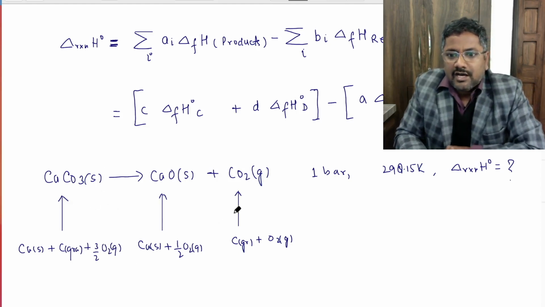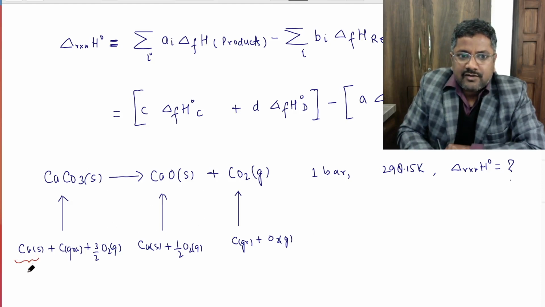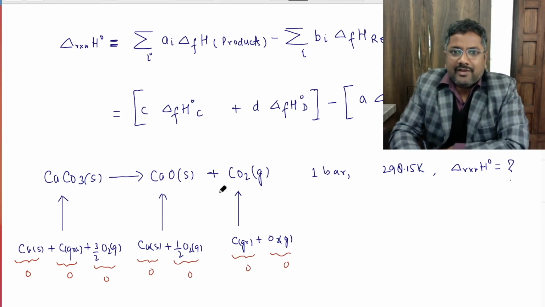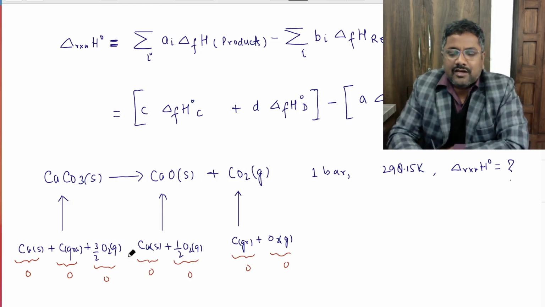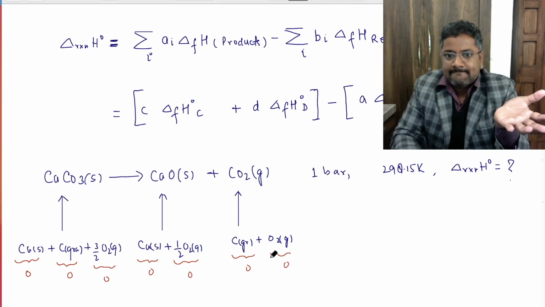And all of you know that under standard state, the enthalpies of all these elements are 0. For every compound, the enthalpy of formation uses the most stable thermodynamic reference state. Remember, delta H naught, delta G naught, delta E naught are all 0 for the thermodynamic references, right? So it is 0.